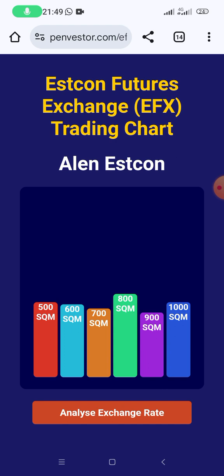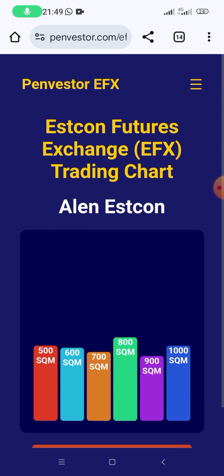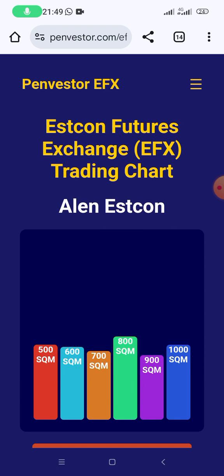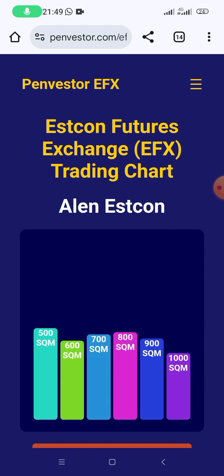And after getting that perfect analysis for Estcon, I don't know that brokers are now buying another Estcon at that same particular rate. That's why your analysis might be wrong, even though you are right, because it might not be getting a high bid rate. You might be analyzing Estcon not knowing that brokers are buying another Estcon at that particular rate, and that's why it might change.